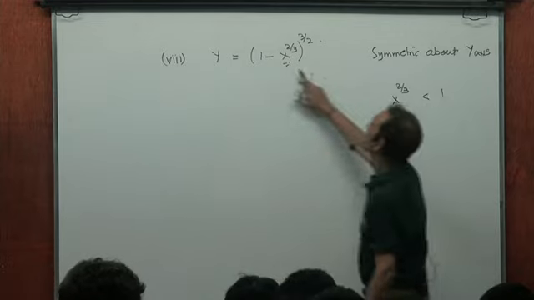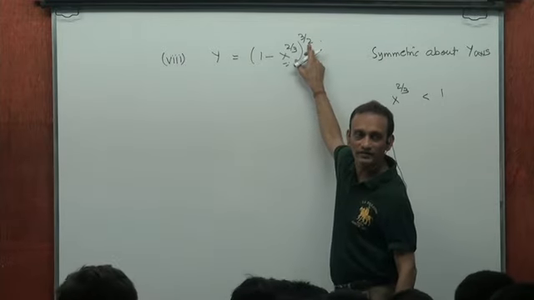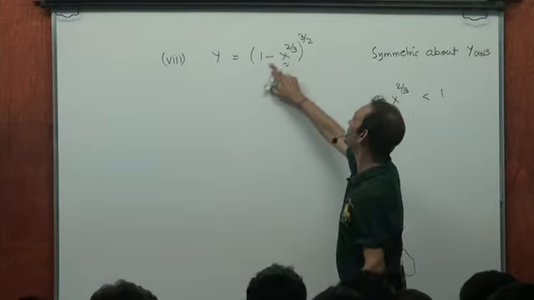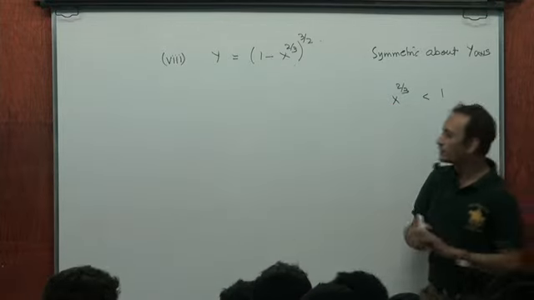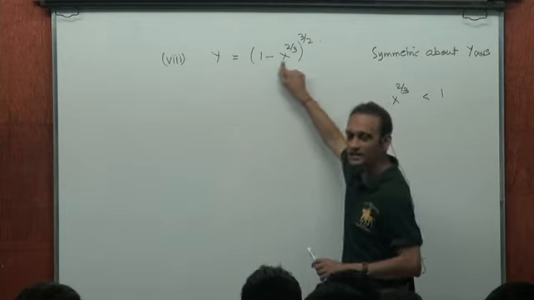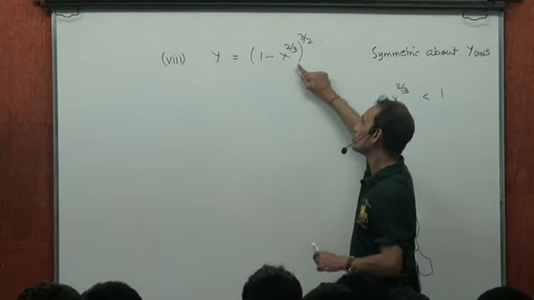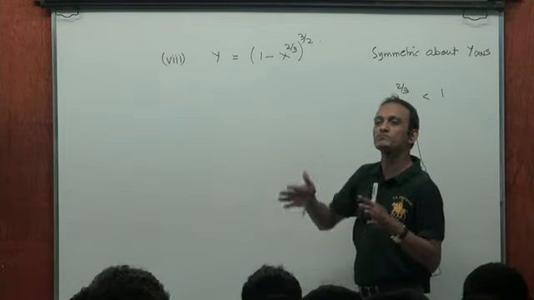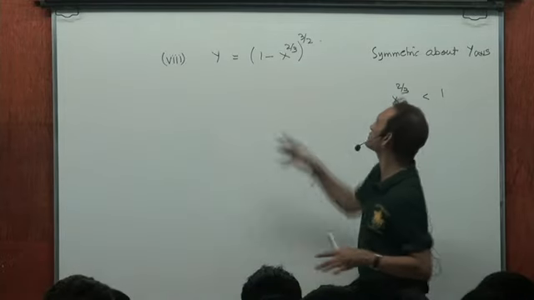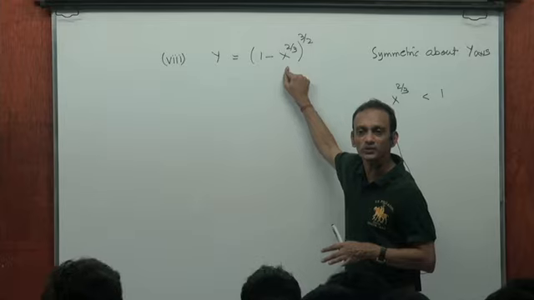Yes or no? Because you have a square root there, so this can't be less than 0. So for sure, x must lie from -1 to +1 only.